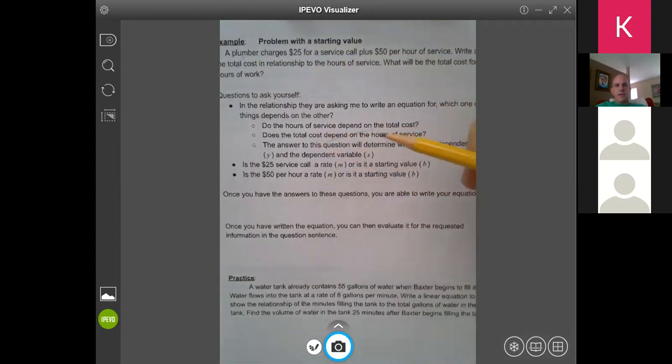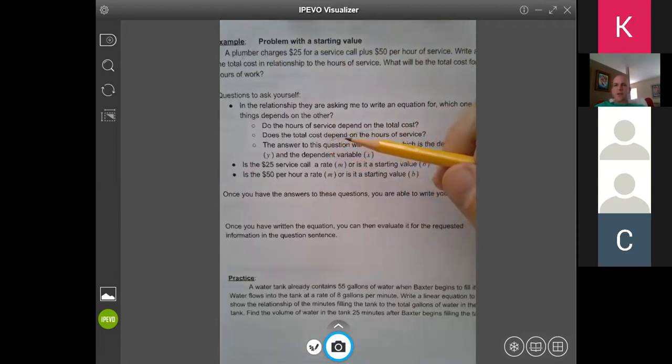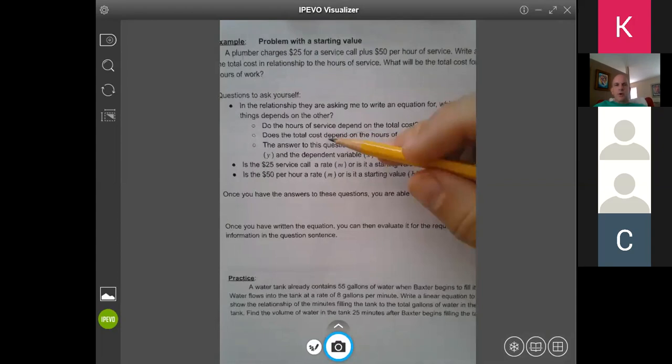All right. And I think if we look back at the practice problem we just did, total cost almost always depends on something else. It depended on the number of gallons. Total cost will depend on the number of items you buy if something all costs the same. So total cost is almost always a dependent thing, and time in some way is almost always independent.